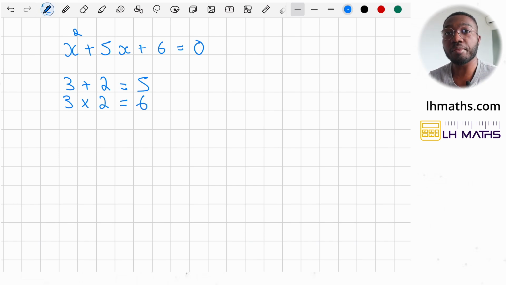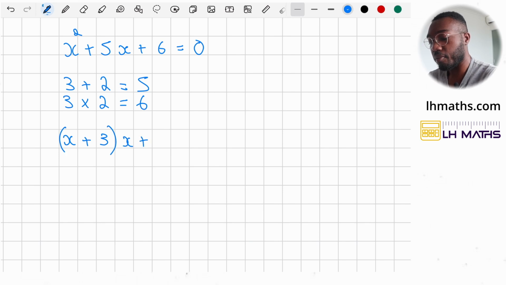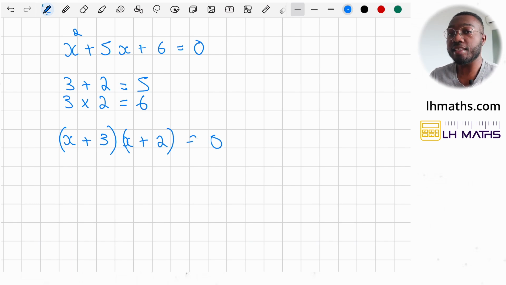So we know that our two numbers are 3 and 2. And then if we were to factorize that, it would be x plus 3, x plus 2. But we're not done yet, because this is equal to 0.